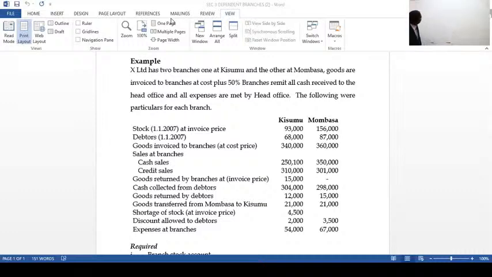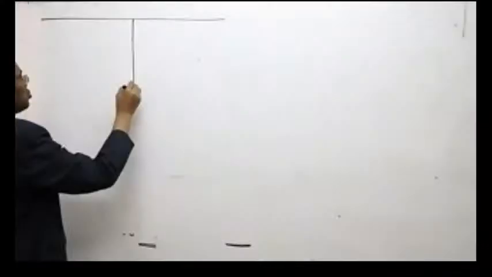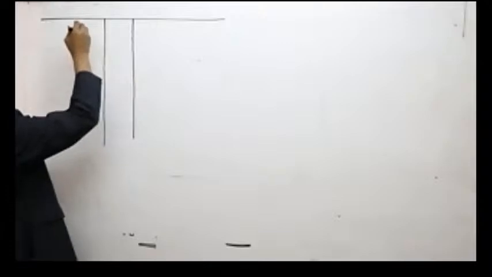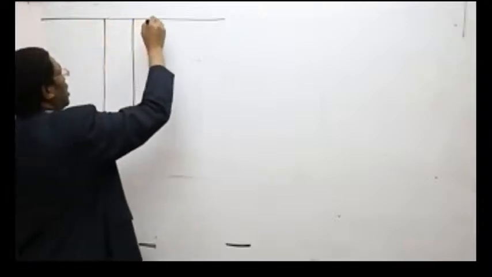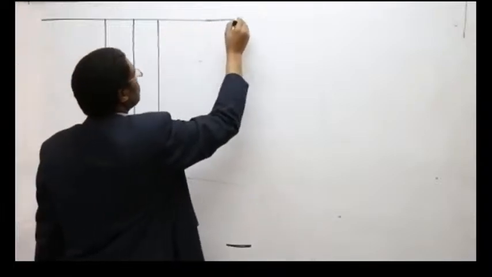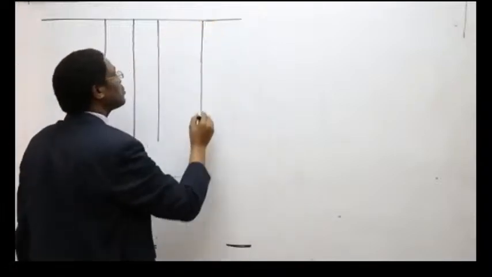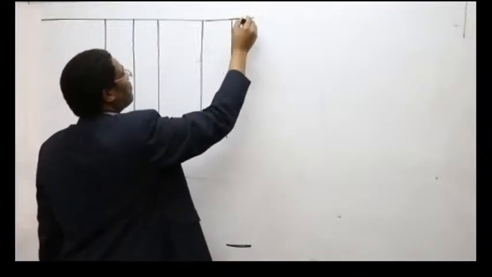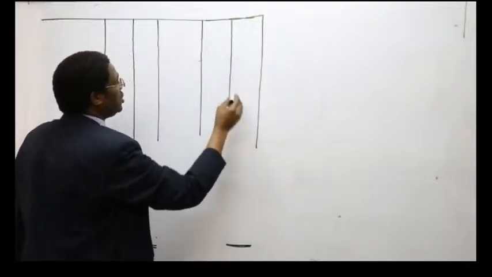So let's open those accounts. The first account they are asking you to open is an account called branch stock. Remember, we have two branches. So we need to prepare our account in columnar form, whereby each side of the account will have two columns, one for each branch.